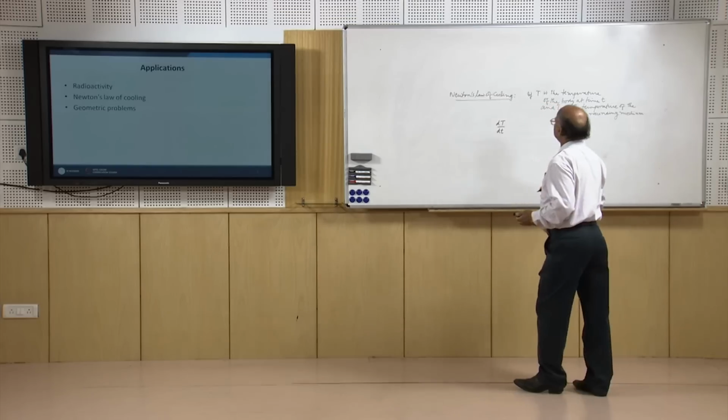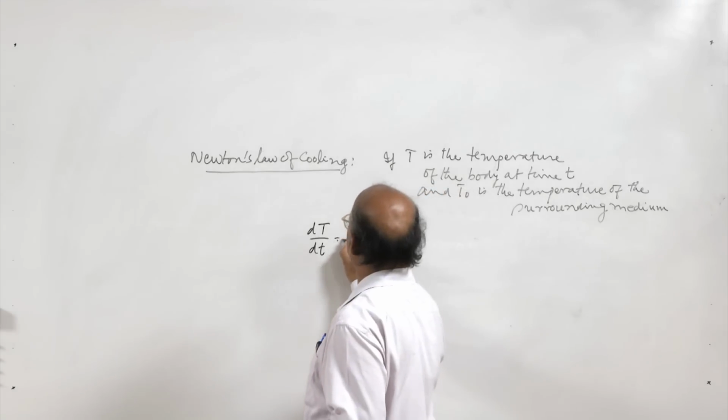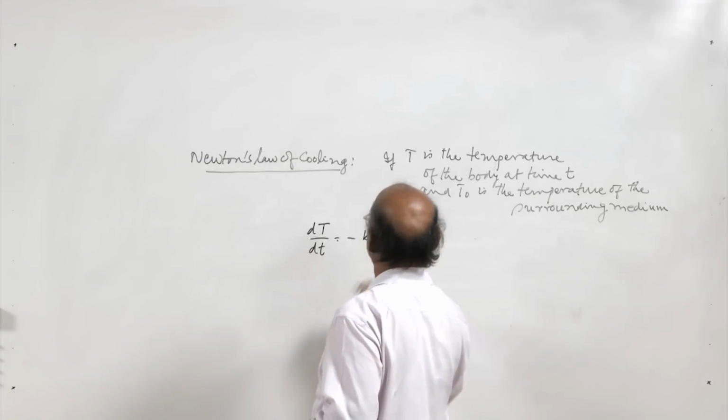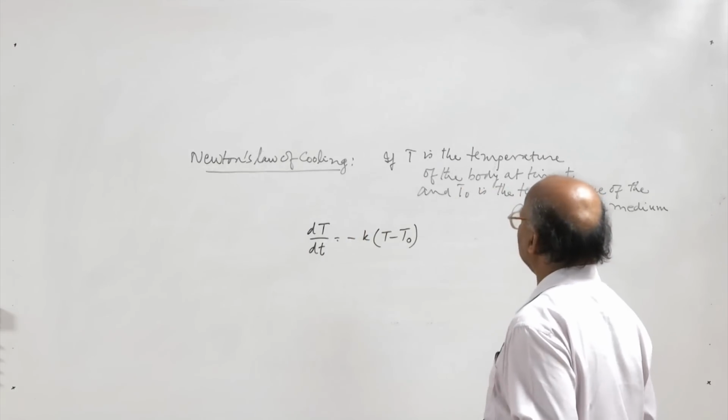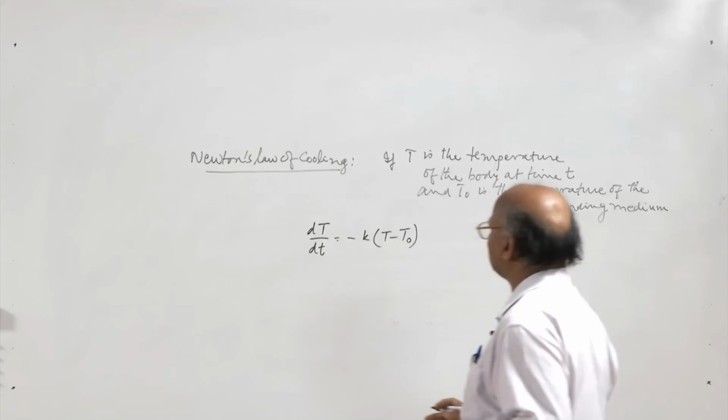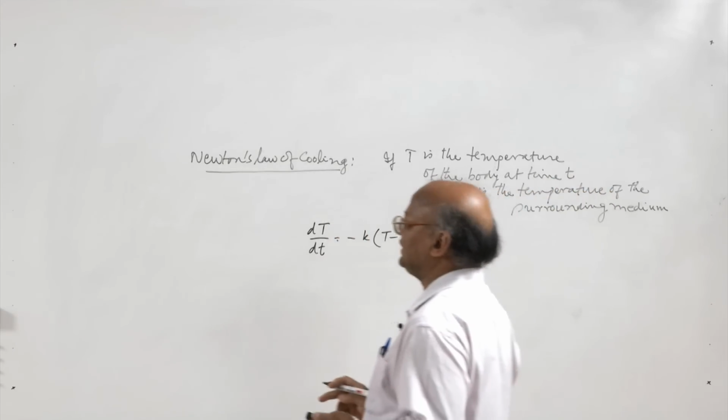Then the rate of change of temperature T of the body is equal to minus k times (T minus T naught), where k is again the constant of proportionality, and the negative sign is taken because as t increases, T decreases.